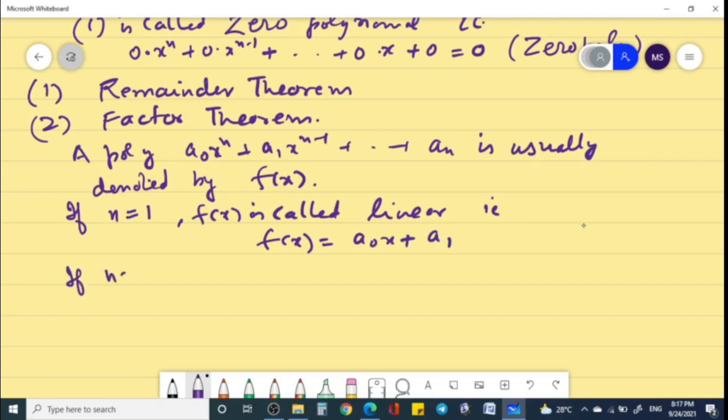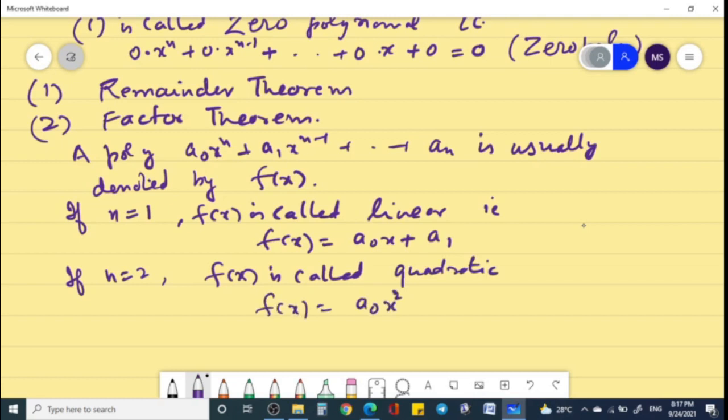If n equals 2, f(x) is called a quadratic polynomial, and in that case f(x) is of the type a naught x square plus a1 x plus a2, with a naught not equal to 0 here.